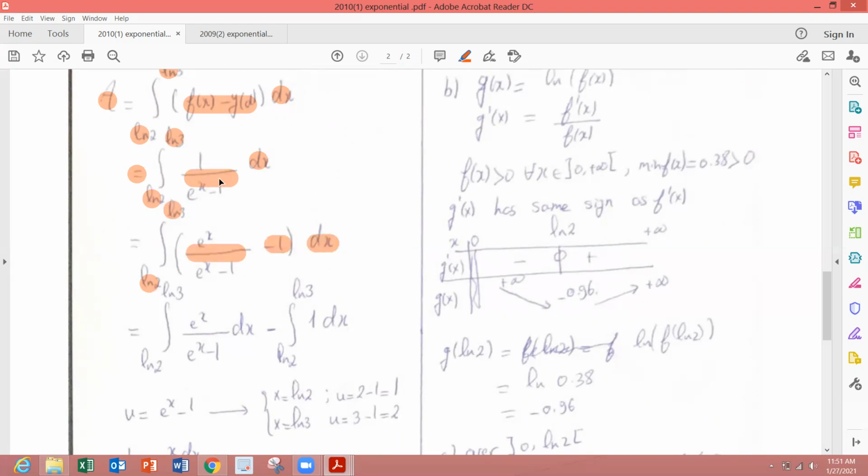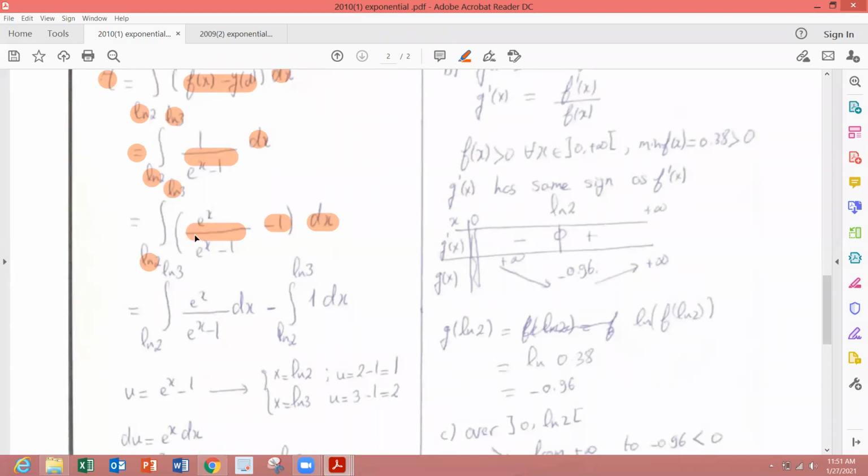We have proved it before. Now we split this integral into two parts. It becomes the integral from ln 2 to ln 3 of e^x dx minus the integral from ln 2 to ln 3 of 1 dx.